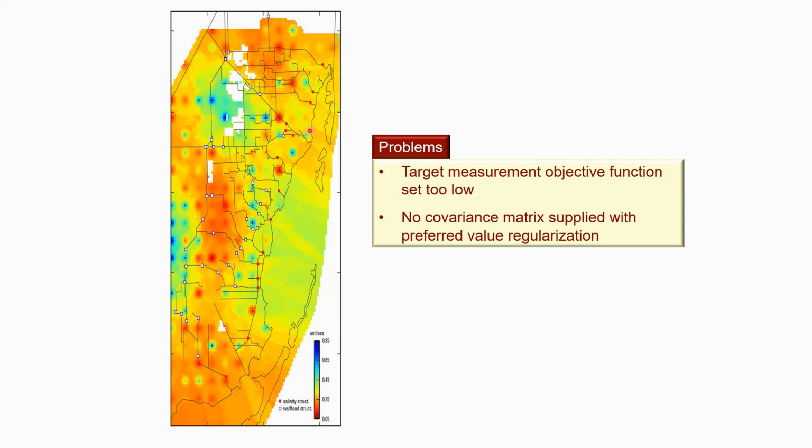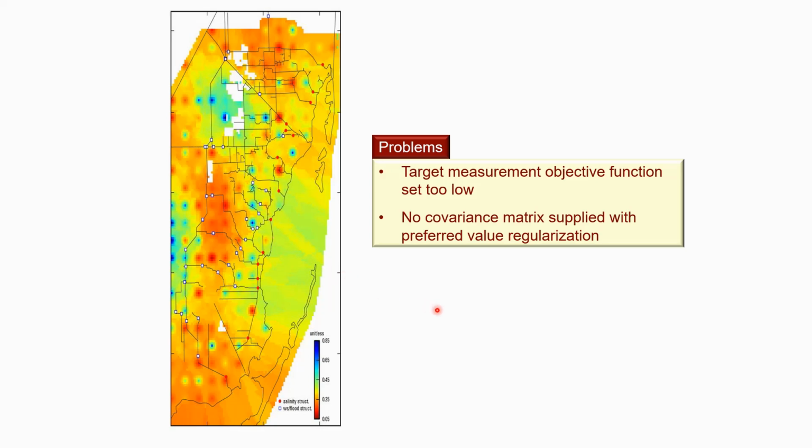Now, the calibration process didn't do a bad job of defining where more and less conductive areas were. However, superimposed on these broad scale hydraulic property fields are these blotches, positive and negative blotches.